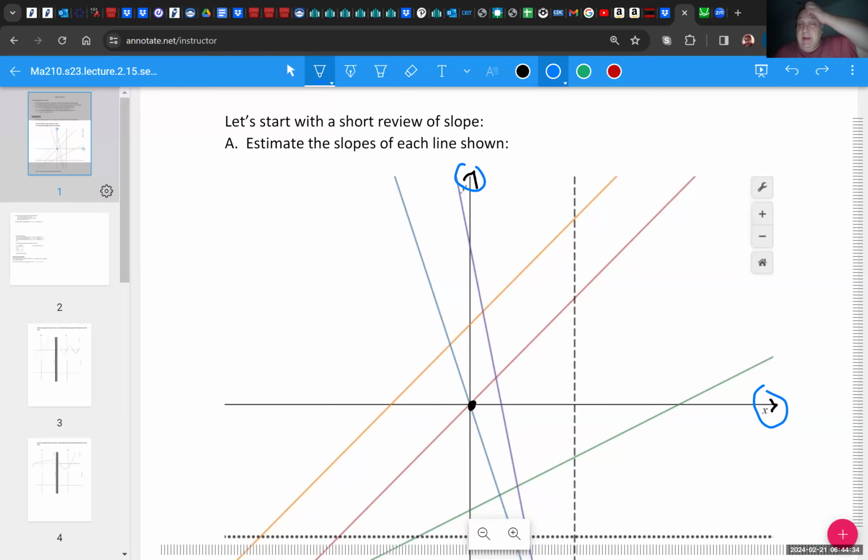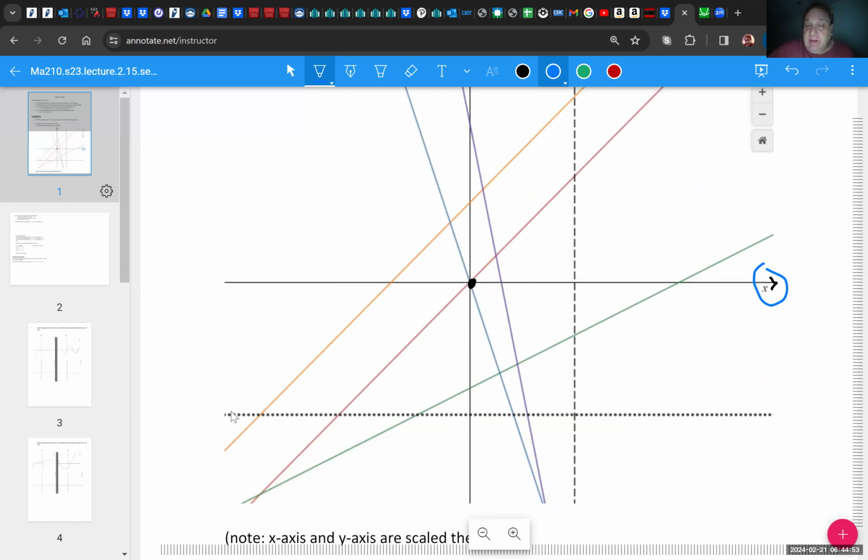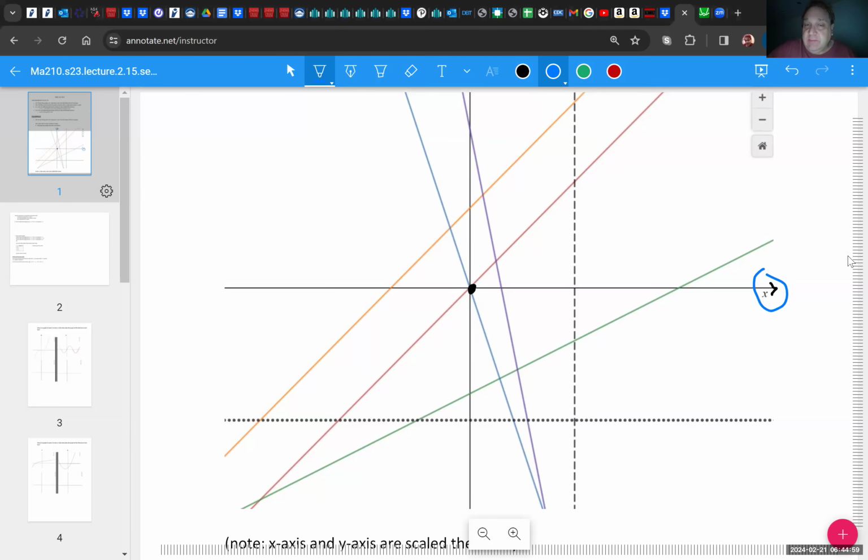My goal to help you review slopes is to estimate each of these lines. This first diagonal line is at about a 45-degree angle. I should mention that the x and y axes are assumed to have the same scale, so one in the horizontal direction is the same as one in the vertical direction.